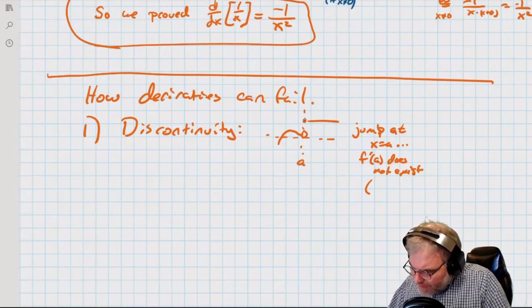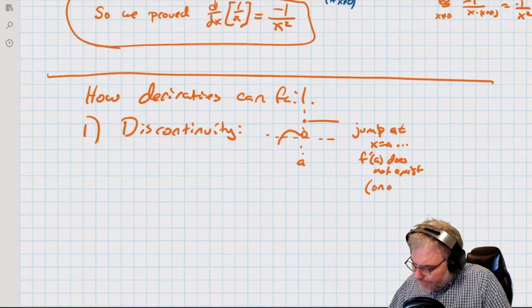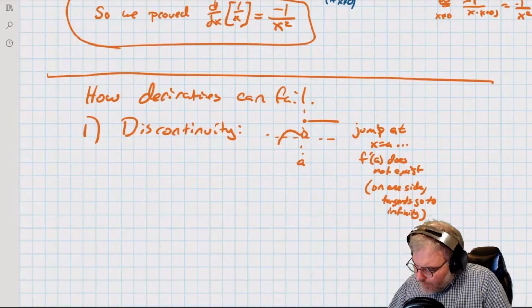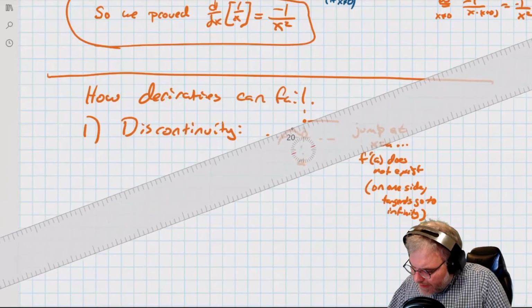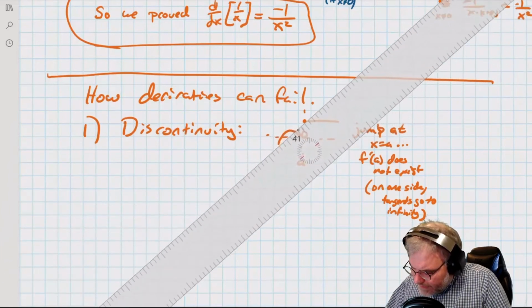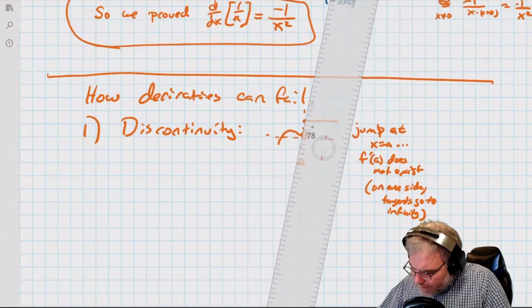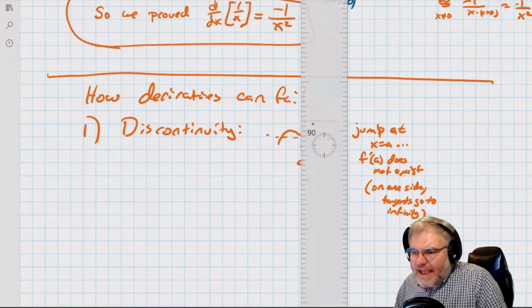Because what's going to happen to the slope of this tangent line? On this side, it's going to go into infinity. So here, if I've got a discontinuity, notice how this tangent line here, the secant line here, it goes right? It goes vertical. And I can't do that.